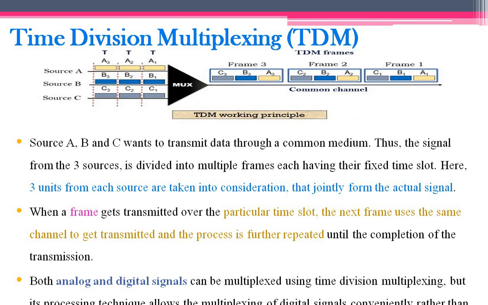Time division multiplexing can be used for both analog as well as digital signals, but it is more conveniently used with digital signals because they are digitalized. Easily you can make the frames and transmit the data from the transmitter to the receiver through a particular channel. Yes or no? So this is more convenient. You can use both analog and digital, but for more convenience, this is used with digital signals.